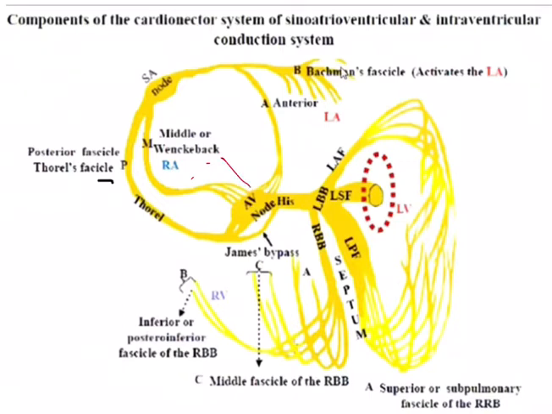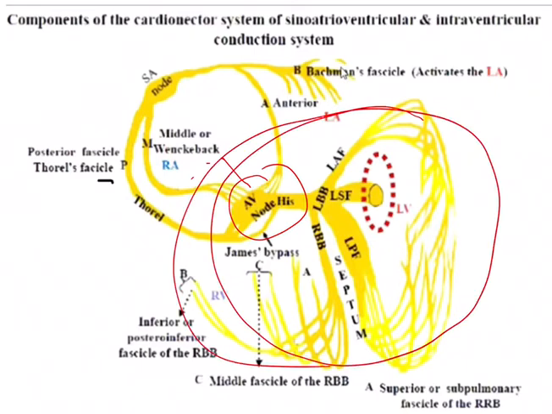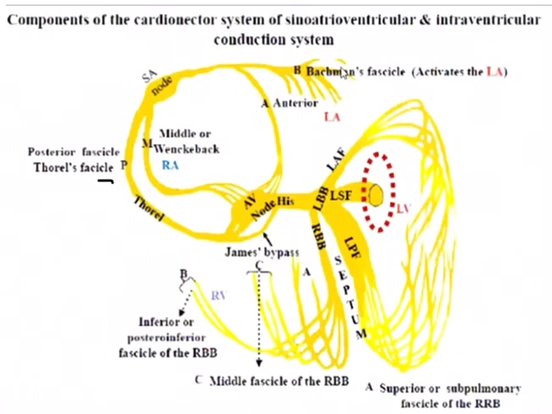Once the impulses reach the AV node, they are slowed down so that at that time the ventricle is in diastole. These impulses are slowed down so that there is maximum filling of the ventricle by the blood. Once the AV node is activated, impulses go down and activate the ventricles.